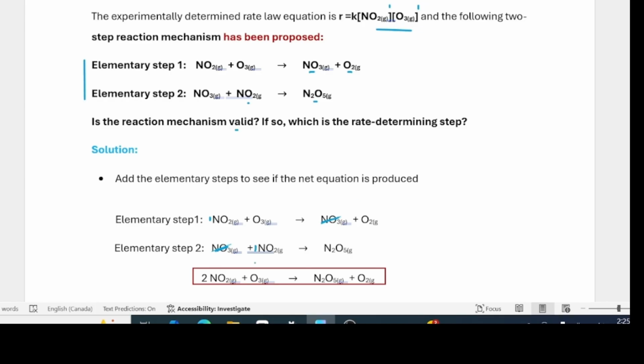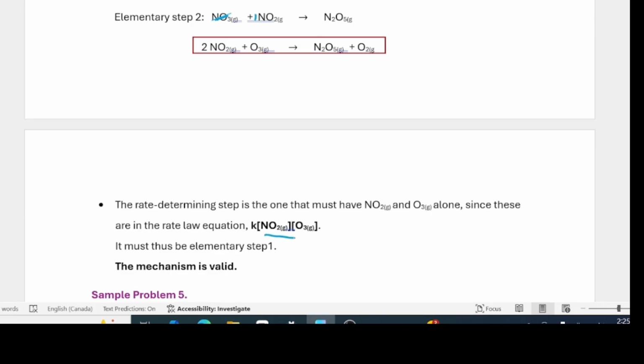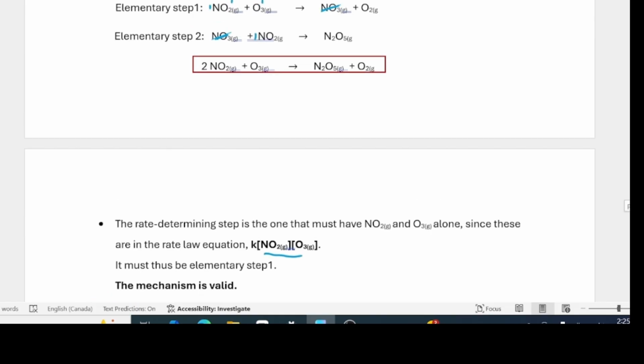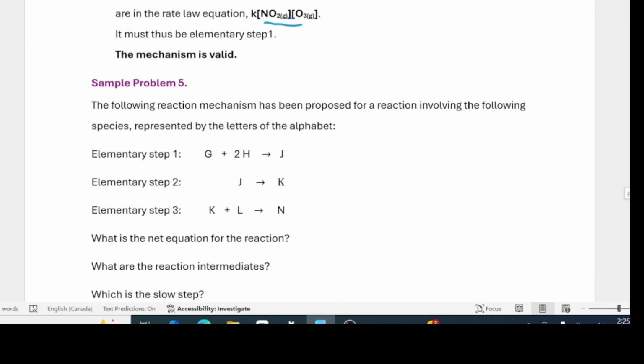Which one has it? This one has it. And of course, each of these will have a rate order of 1. That's something that's understood. So its rate law equation, of course, will be this, which is the same as that one there. Sample problem 5.